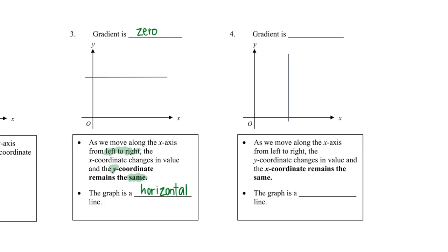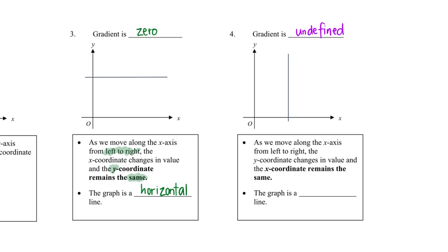And the last one is a vertical line. For this last example, the gradient does not exist. At this point, we shall call it undefined. This is because the gradient is of such a large number that we have yet to define that number.